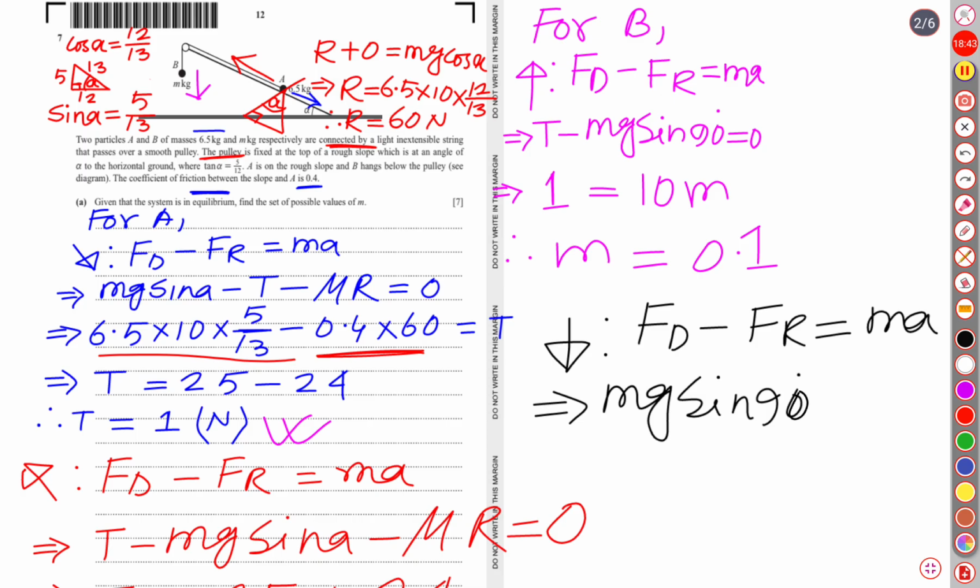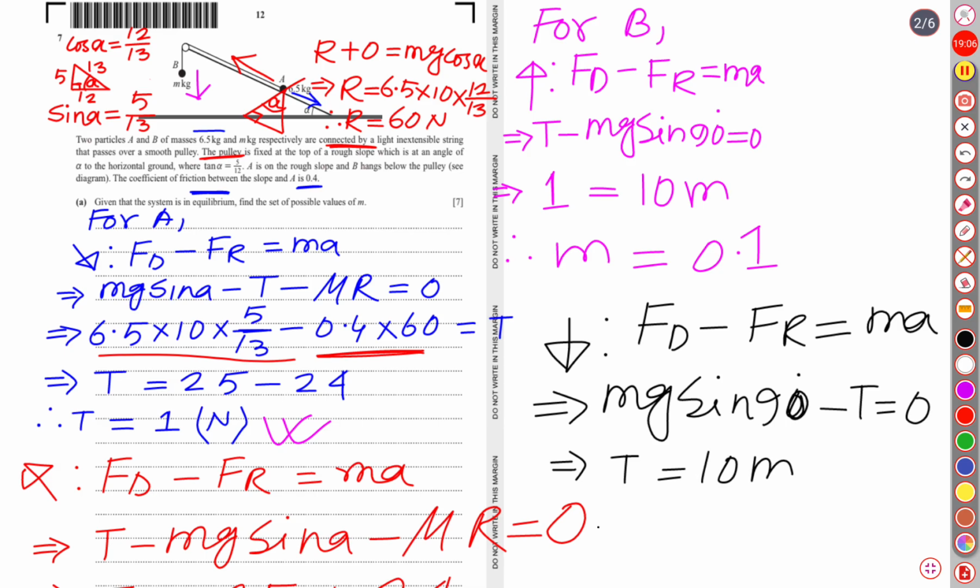The resistance to motion is caused by the tension, and acceleration is 0, so right side is 0. Hence T is equal to m times 10, so this is 10m.